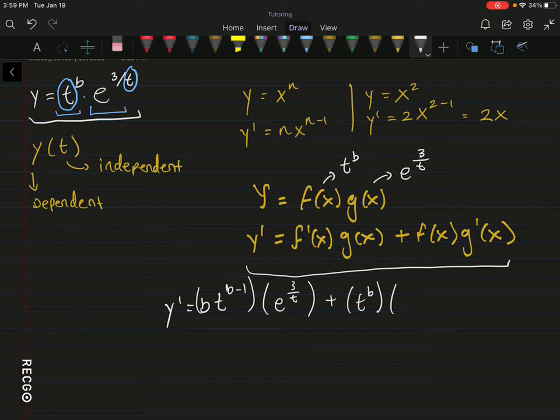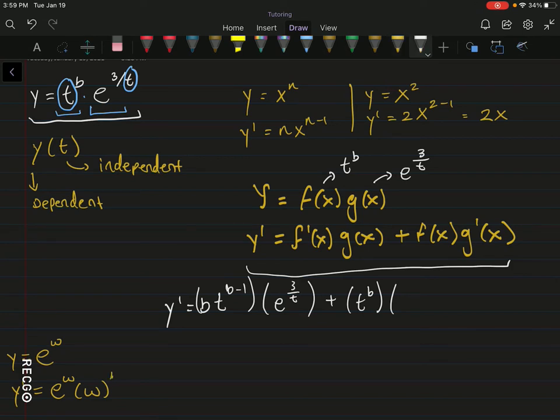So for the derivative of an exponential, we have e to whatever that power is. So y is equal to e, whatever the power is. If we take the derivative of this, it is going to be e to whatever the power times the derivative of that power.